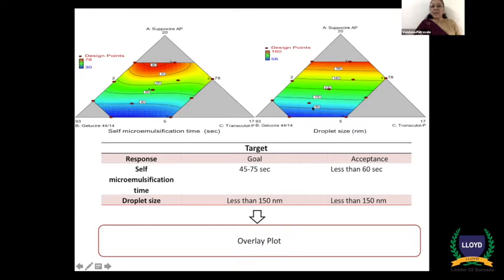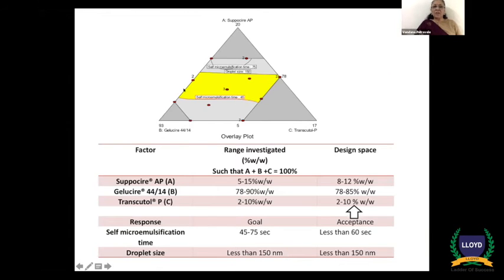And just like the earlier case I told you, if you move the cursor from one place to another, you'll know in which region you'll get 150 nanometer size. Very clearly it can be seen, it's written here. So go to that point, read the ternary plot, see which ingredients could be used, and use those ingredients. When we did the overlay plot, this is a huge design space which we got. A variety of ranges were investigated, but the design space we could limit to 8 to 12% of Suppocire, and so on and so forth.